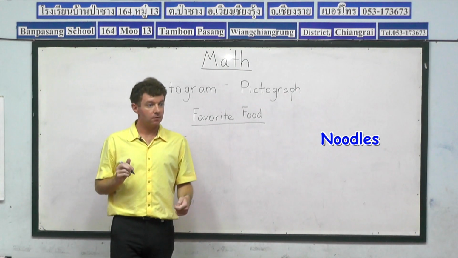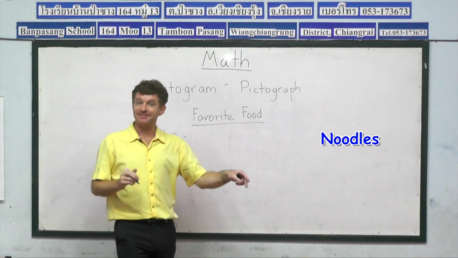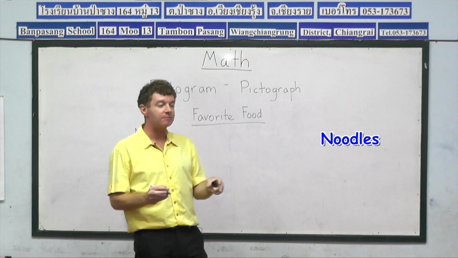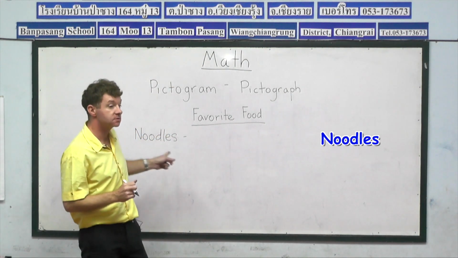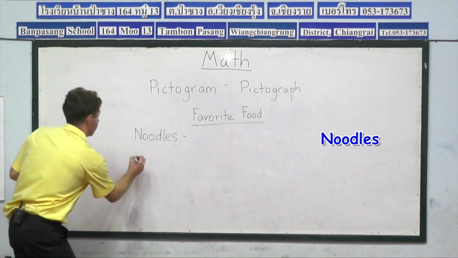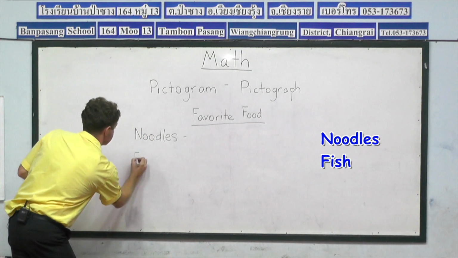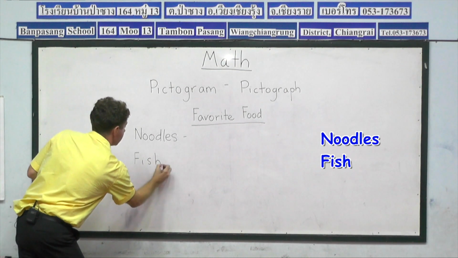Okay, now can somebody else give me another type of food? Steak. Steak or sticky rice? Sticky rice is nice, but we can eat that with other types. How about the main meal? We have noodles. How about fish? Fish. F-I-S-H.